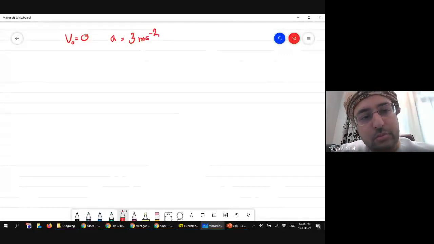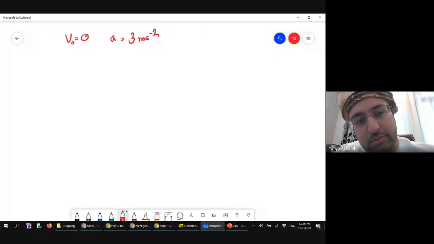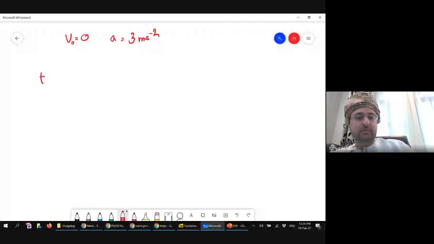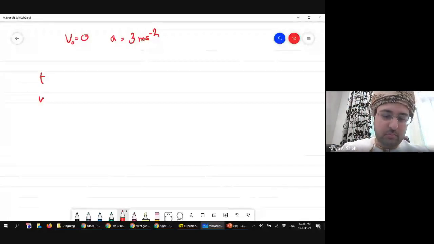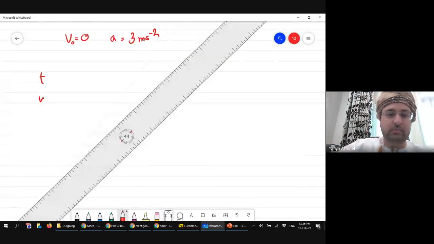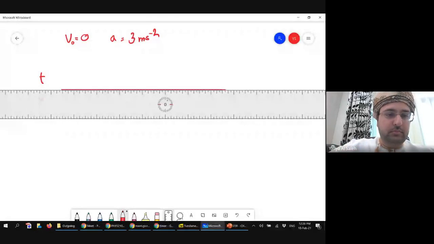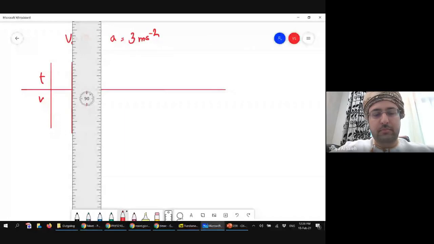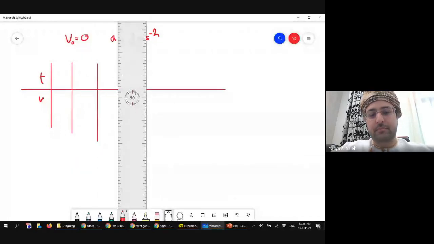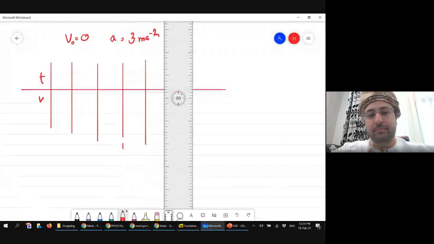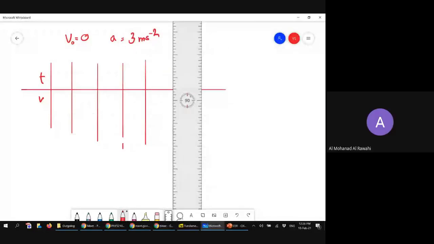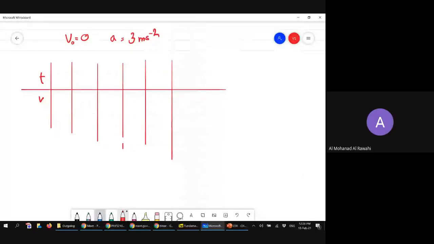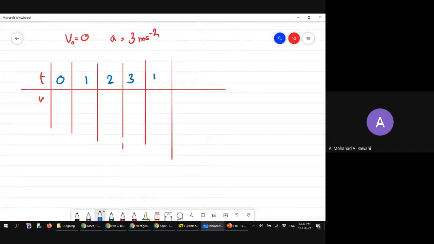Can you help me fill in this table? Yes, doctor. After every second, the velocity will increase by 3 and 3.